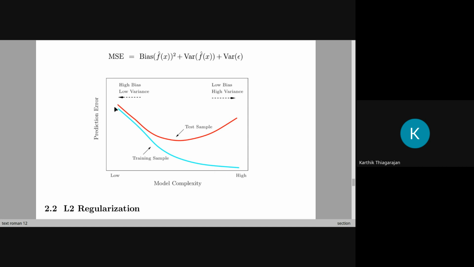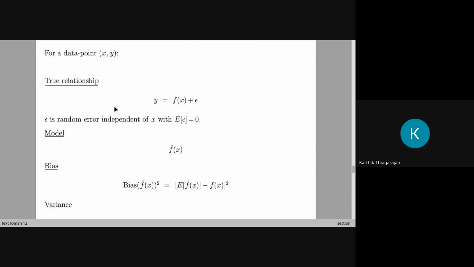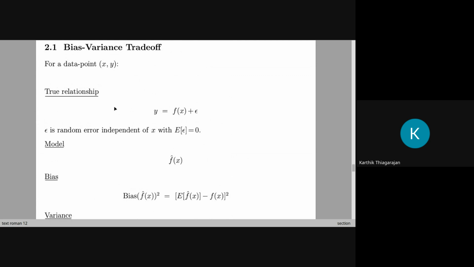But they'll have low variance because even if you train different models on different data sets, the model that you will get will be relatively the same. Does everyone understand what bias means, what variance means? Do you want me to go over this part?